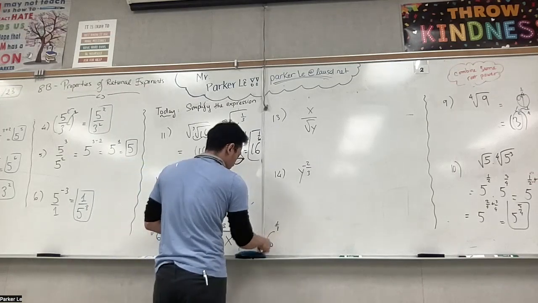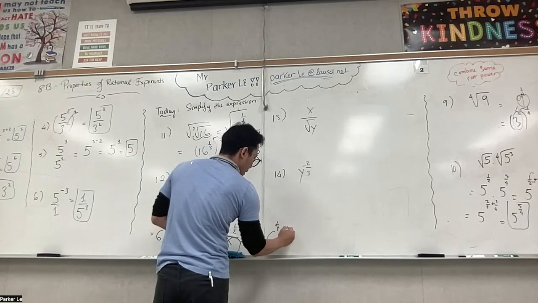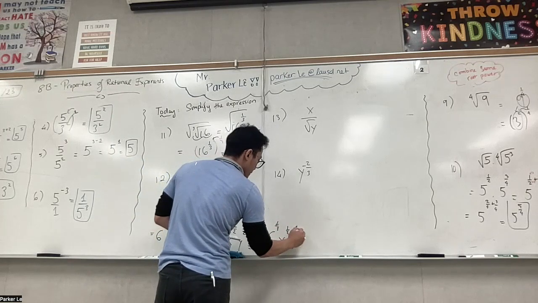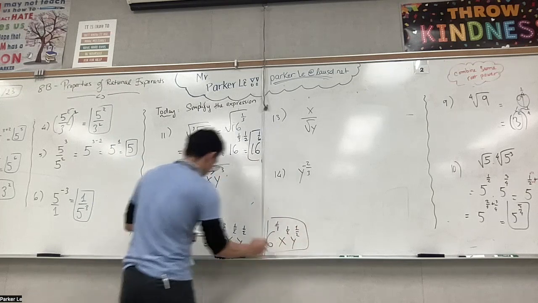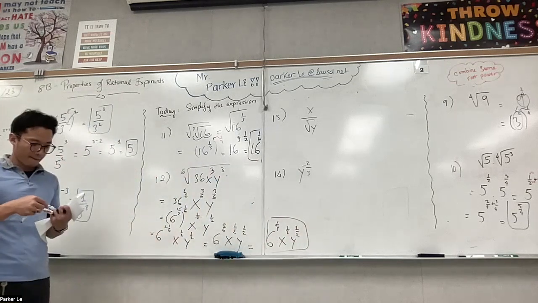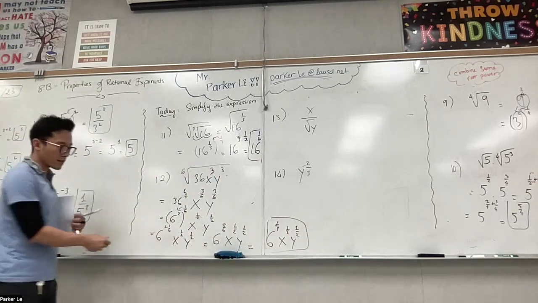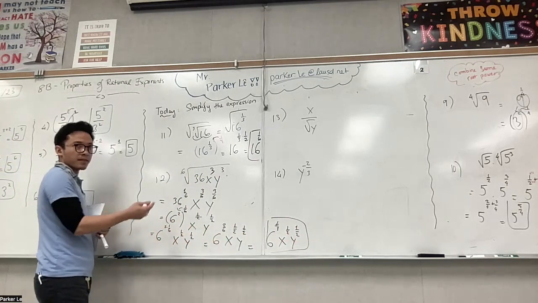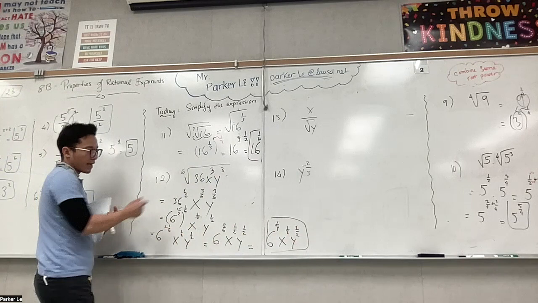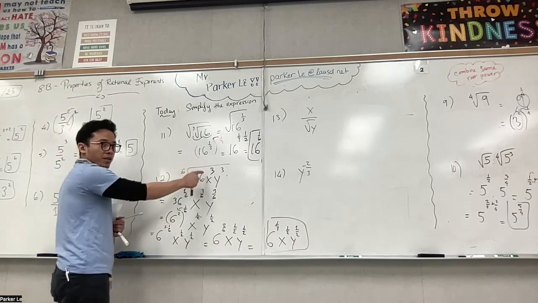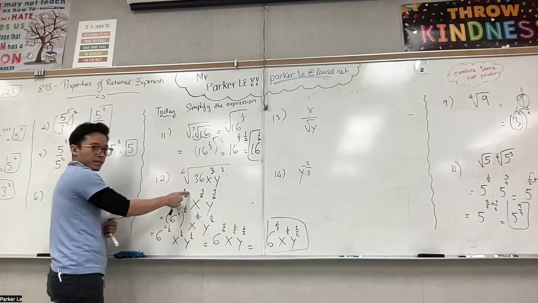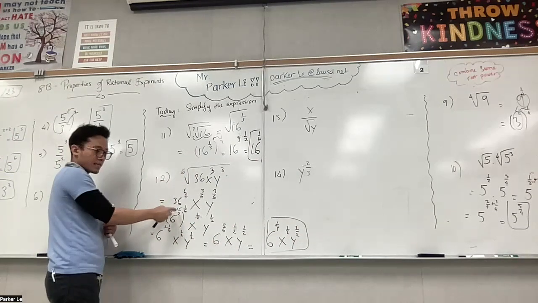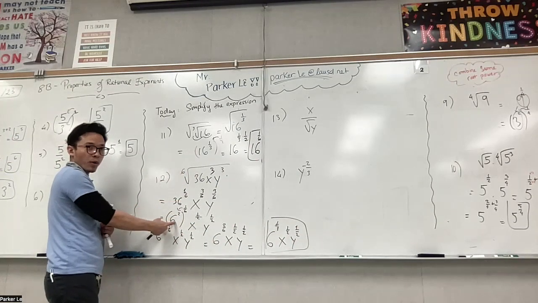And then x to the 1/2, y to the 1/2. Again, it looks like a lot of steps, but just do one step at a time. I convert this radical into an exponent, so 1/6. But then 36 is actually 6 squared, so I will write 36 as 6 squared.